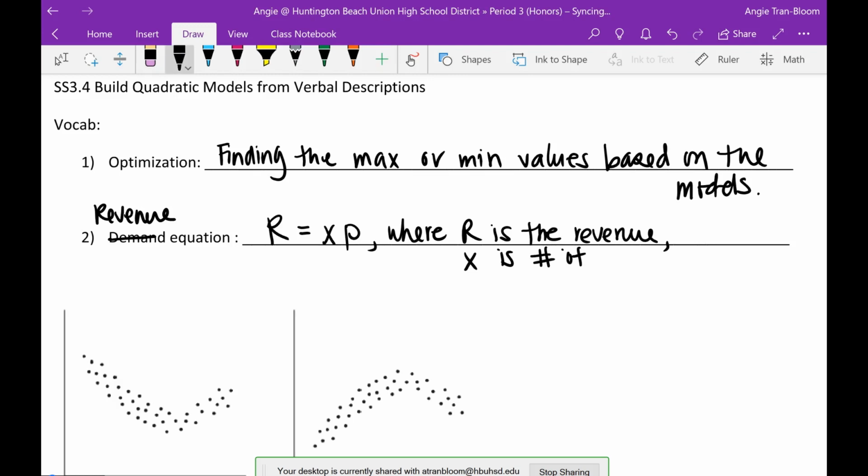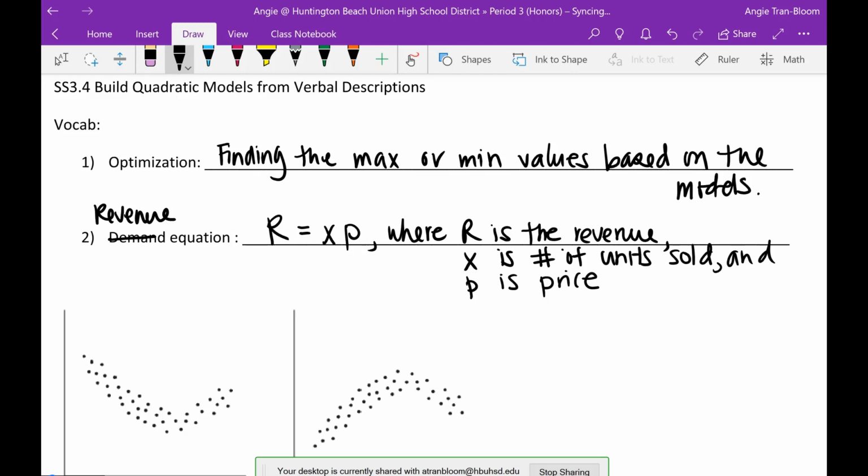Number of units sold. And the last one is P. Guys, what is P? It's price. Okay, and since we live in the United States of America, we're going to use dollars.